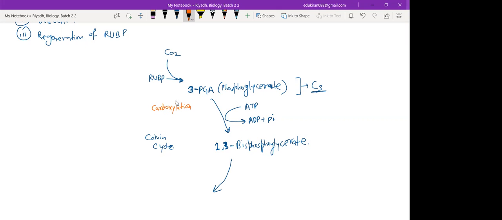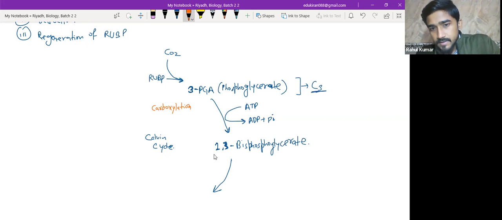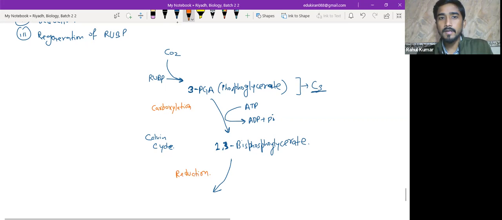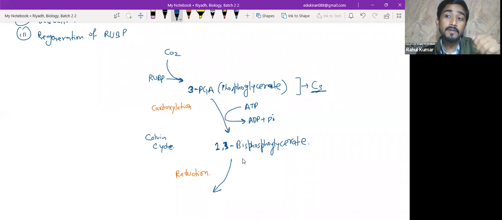After carboxylation, once this irreversible product 1,3-bisphosphoglycerate is formed, from here onwards we need to reduce it. So the reduction part starts. And how do we reduce it? Remember, apart from ATP, what did we also make?